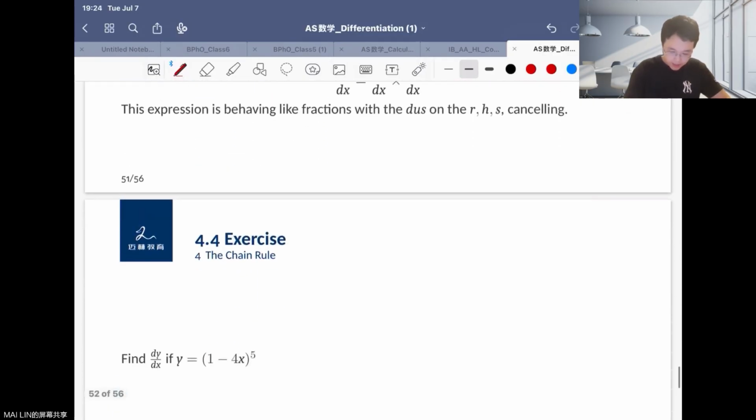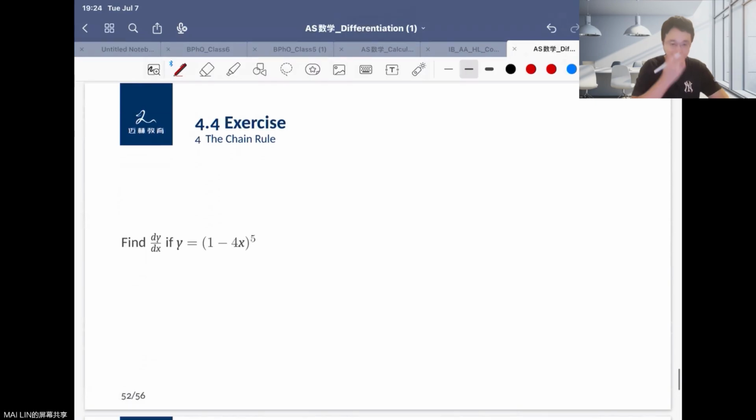Let's do an exercise for this. For example, if we want to calculate dy over dx when y equals (1 minus 4x) to the power 5. First, we let u equals 1 minus 4x, and y can be considered as u to the power 5.